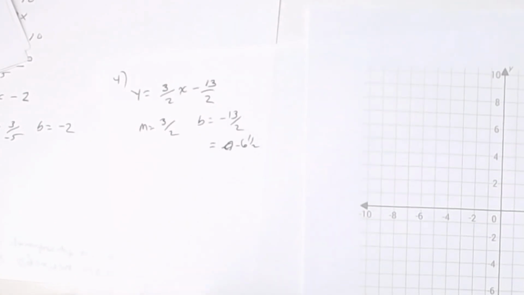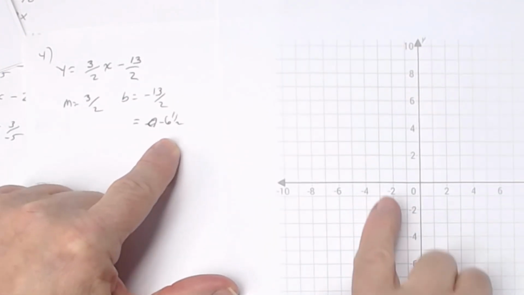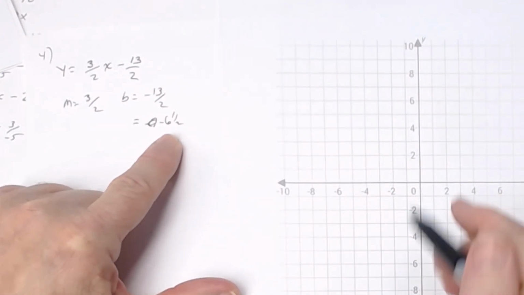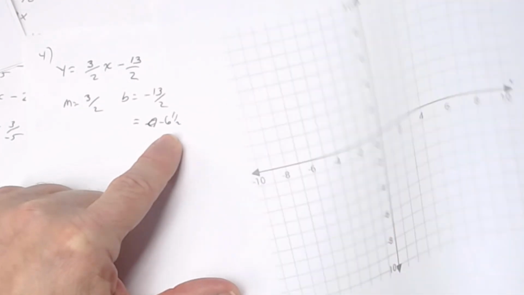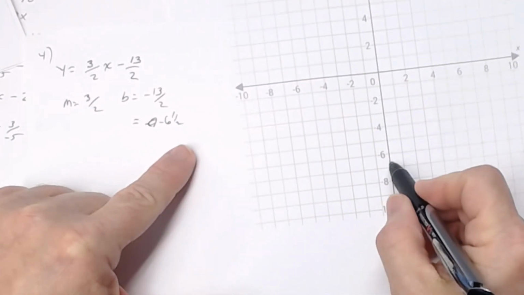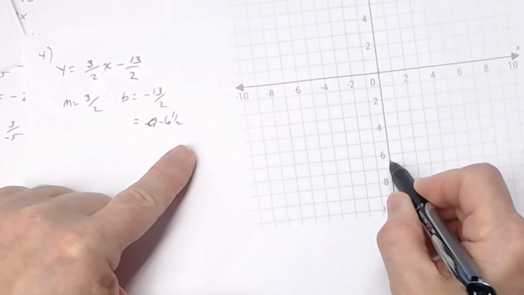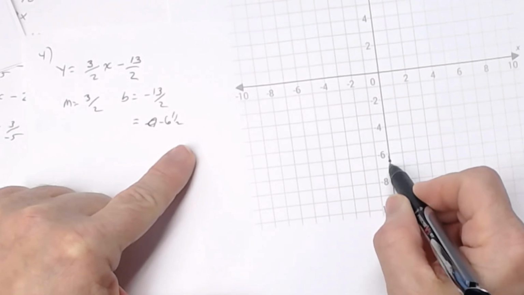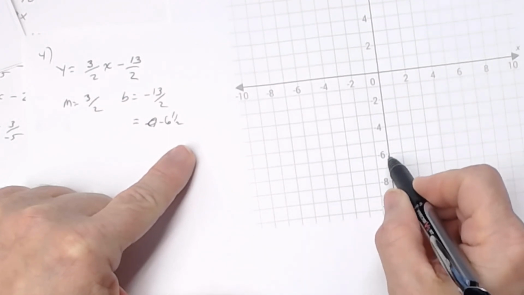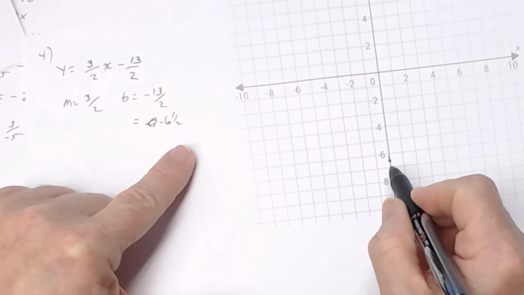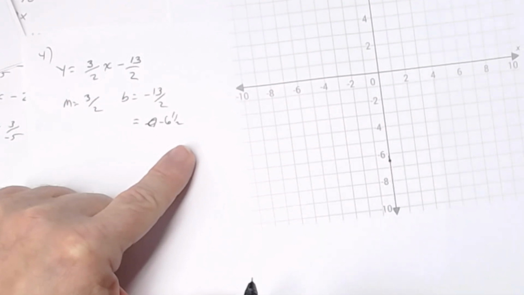So I can estimate in this plane where negative 6.5 is. It's about here, and it's still an estimate because I'm guessing where half is on this y-axis. So I'm guessing it's about here in the middle.